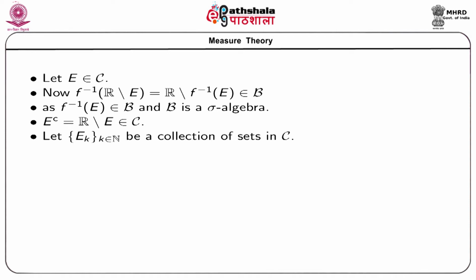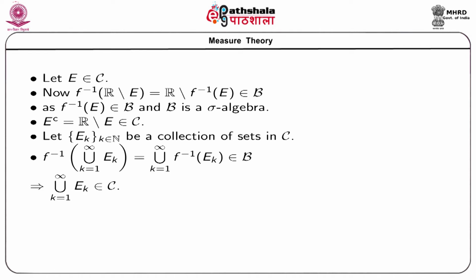Now, let us take a sequence of sets E k, k belonging to N, from C. f inverse of union k equal to 1 to infinity E k is equal to union k equal to 1 to infinity f inverse E k, because these operations remain invariant under f inverse, and we see that this belongs to B, because every member f inverse E k already belongs to B and B is closed under countable union.